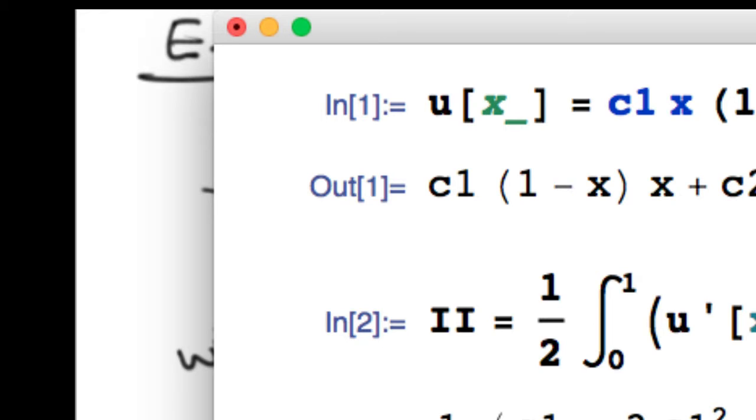Okay, so Mathematica performed the integration for me, so now you see it's just a function of the c's, right? So then I can make three equations. Equation 1 is the derivative of I with respect to c1, and that's equal to 0. So there's one equation.